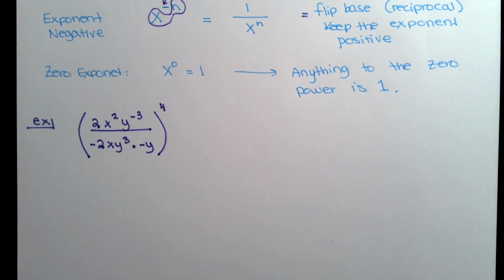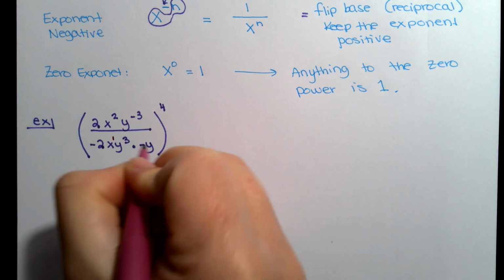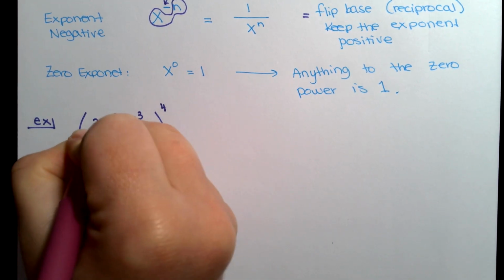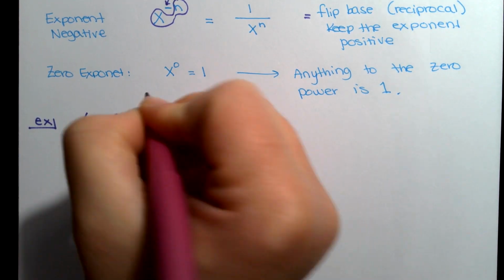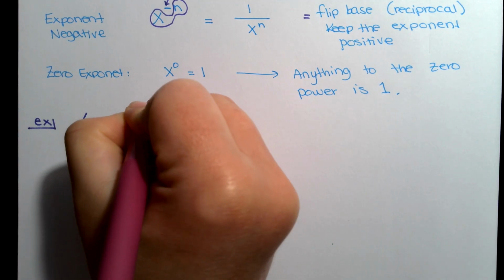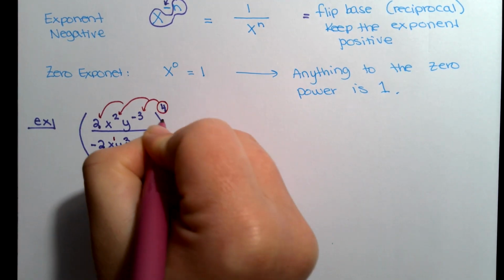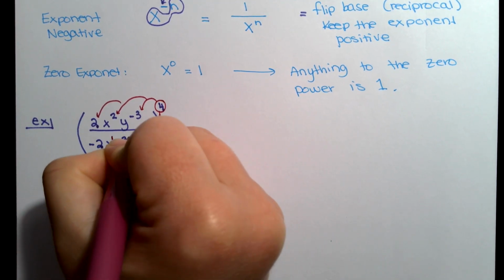Okay, step number 1, if you have an exponent, you're going to be bringing in that exponent on every single thing. Now, there's many exponents that I'm talking about. First thing we're going to do is we're going to make a 1 onto anything that is missing for variables. You're going to take this 4 and you're going to bring it onto every single thing that you see because it is attached to everything with parentheses.